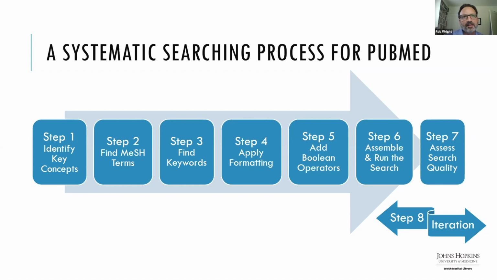And step 8 sort of naturally follows from that assessment, because typically in that assessment step, you notice terms that you hadn't included, or you notice maybe terms that are giving off-target results that should be removed. Lots of different things can come out of that assessment, and those things you notice then get built into the next iteration of the search strategy.